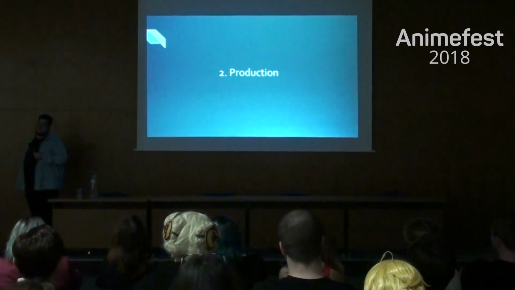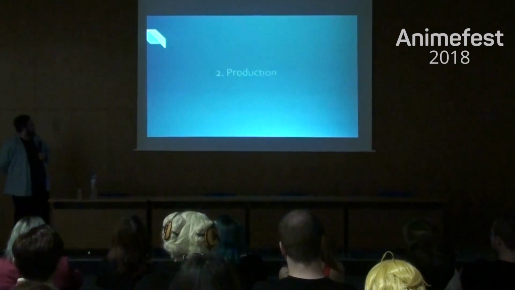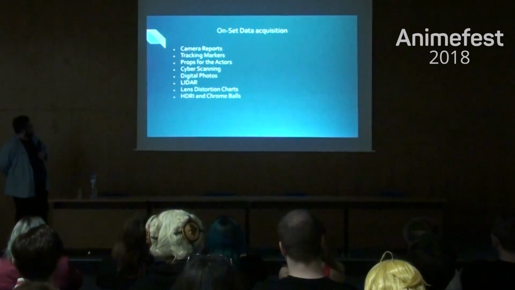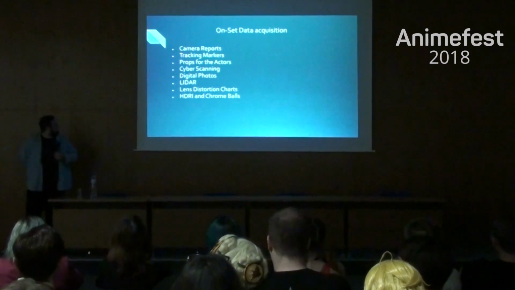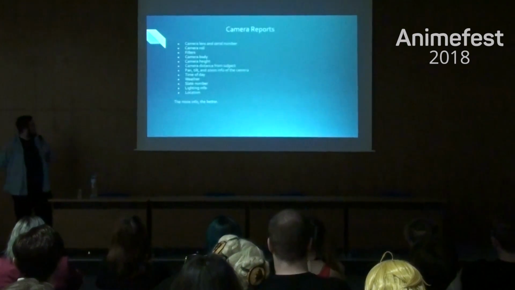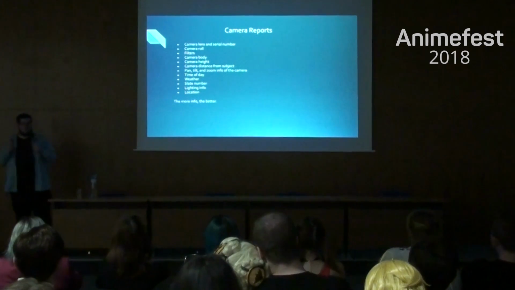So that's what we do before production, then we have production. I'm not going to talk long about it because that's not exactly what I do. There's a few things you need from the set.